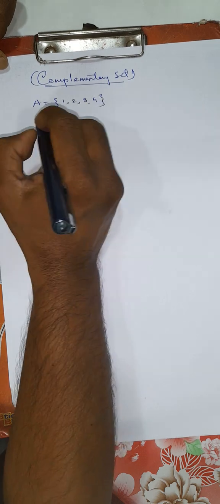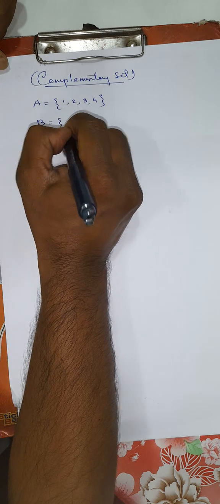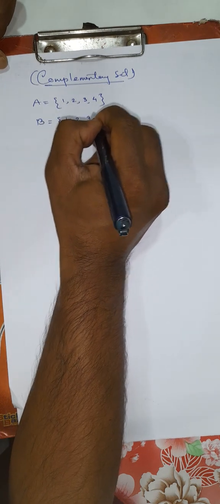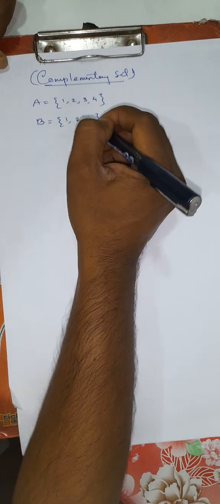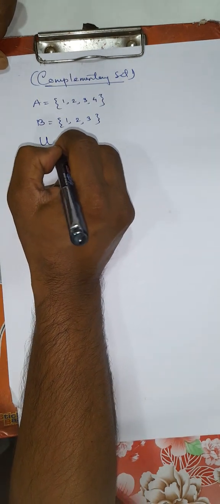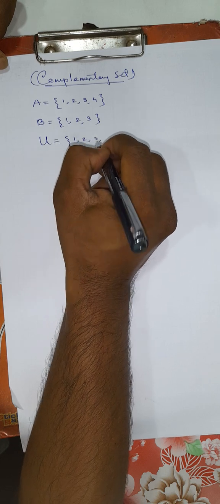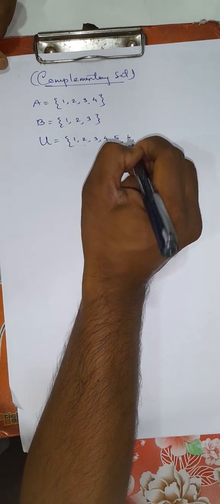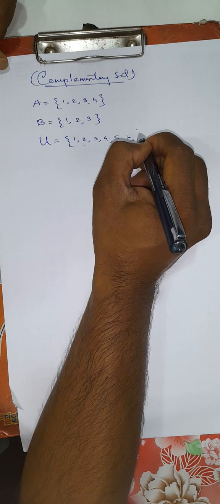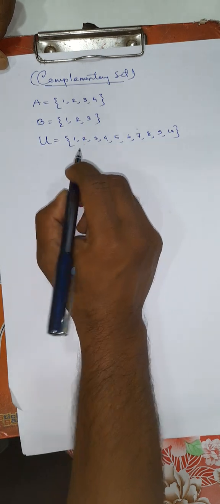B equal to {1, 2, 3}, suppose. And here we will define a universal set. The universal set is {1, 2, 3, 4, 5, 6, 7, 8, 9, 10}. That means the first 10 natural numbers.